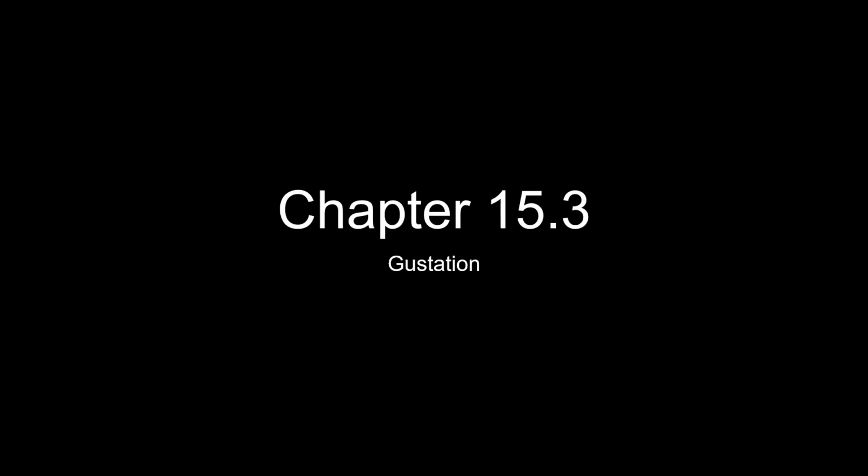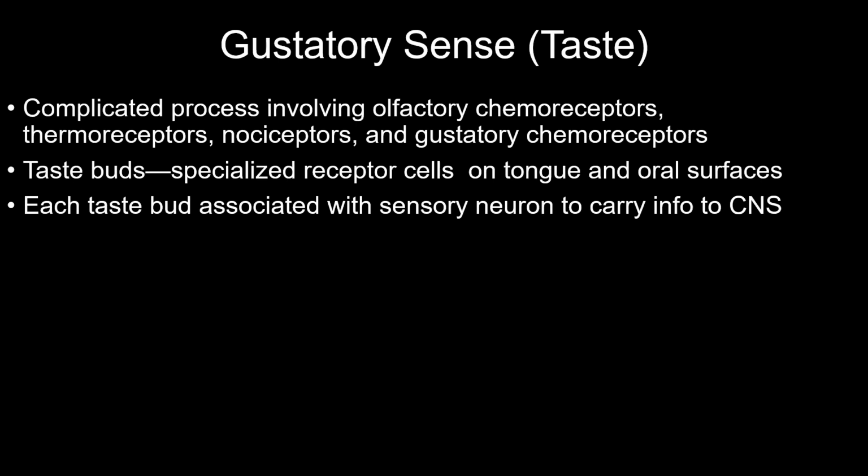Now let's talk about gustation, the sense of taste. Really, the flavor of a food encompasses many different types of sensation. Most of what we consider taste is actually just the smell of a food when it reaches that olfactory epithelium. This is why many foods can lack flavor when the nasal cavities are blocked, like when you have a cold.